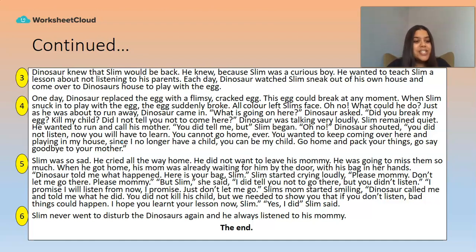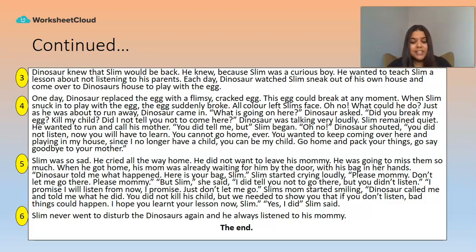Just as he was about to run away, Dinosaur came in. "What is going on here?" Dinosaur asked. "Did you break my egg? Kill my child? Did I not tell you not to come here?" Dinosaur was talking very loudly. Slim remained quiet. He wanted to run and call his mother.